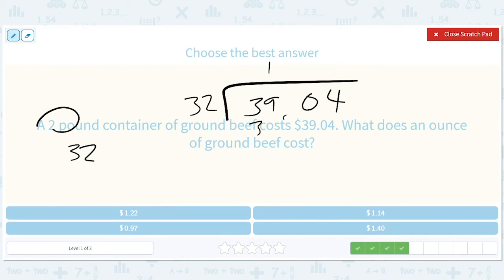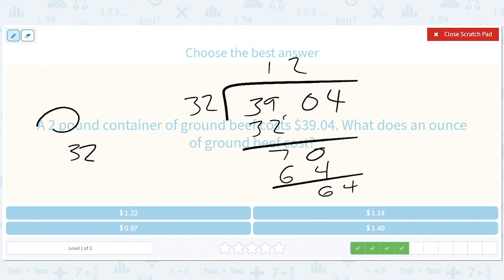So it'll be 32. 70. This will give us a 2. 64. It's a 2. 64. Gives us 0 there. And then we do 2 decimal places. So it should be $1.22.